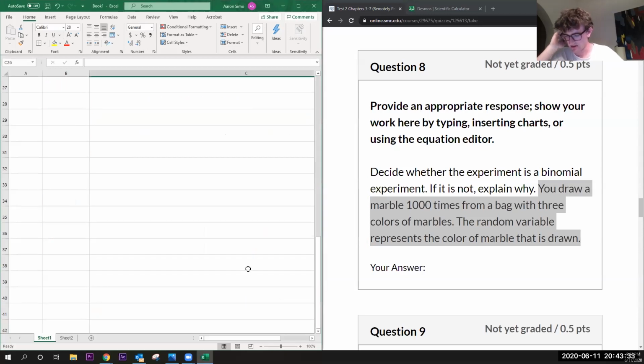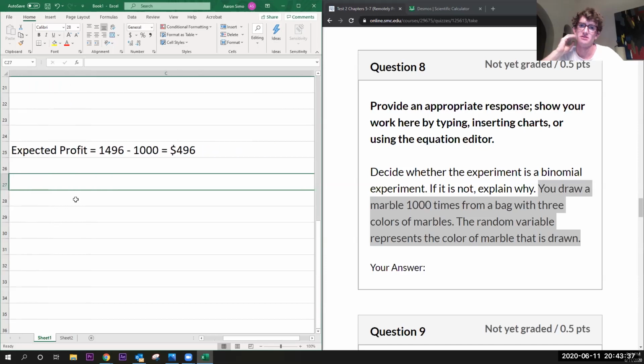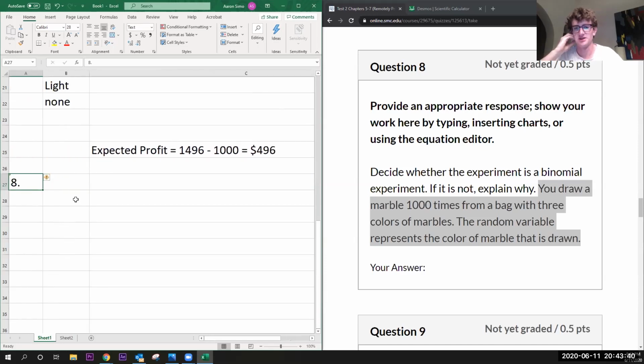No, right? It's not equal probability for each. It doesn't say the probability for each color.